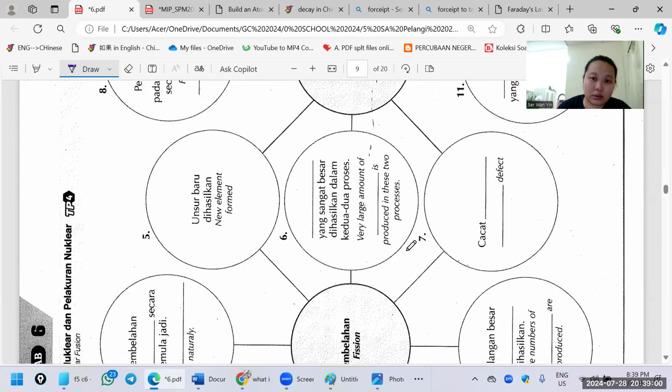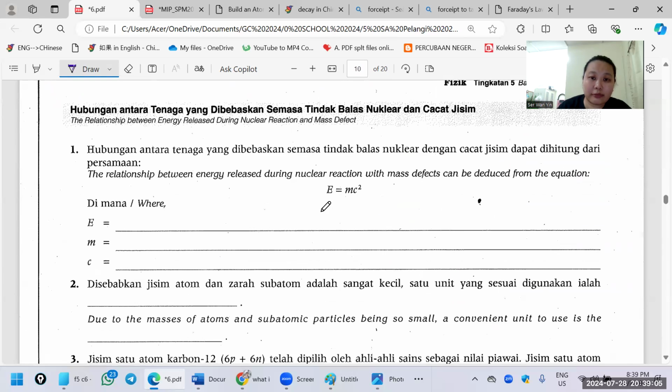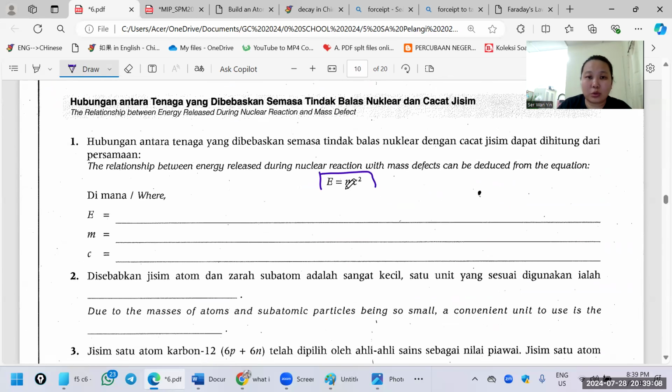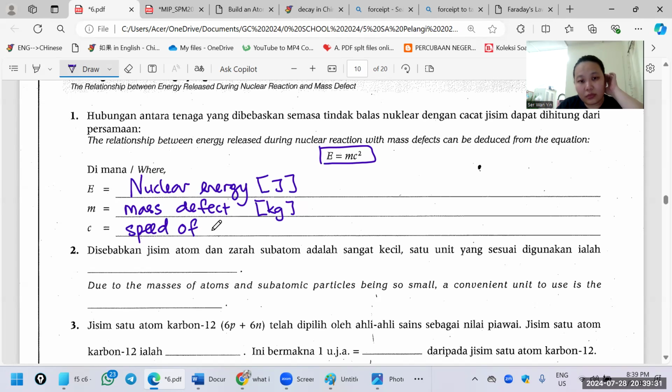Now let's count. The formula is E equals mc squared. E is nuclear energy, don't worry, the exam formula is given. m is mass defect. Nuclear energy in joules, mass defect in kg. c is the speed of light, don't forget the square, in meters per second.